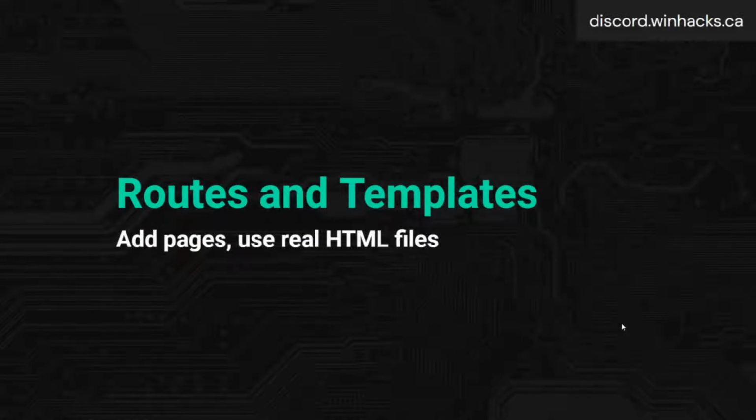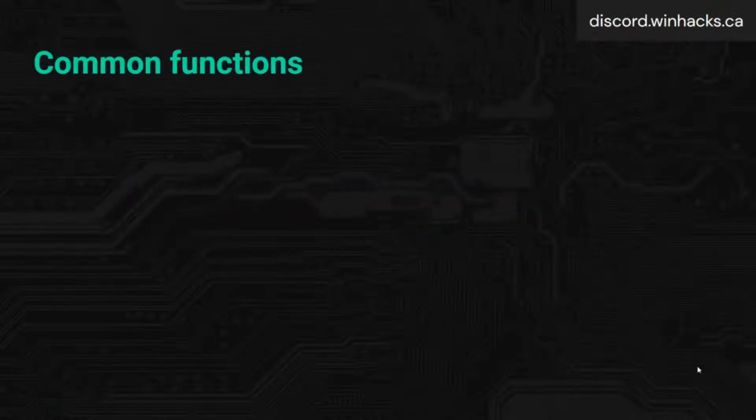So how do we actually have some fun with it and create different routes and different templates so we can have actual real HTML? The first thing you need to know about is some common functions that you're going to encounter when using Flask. The first is render_template.